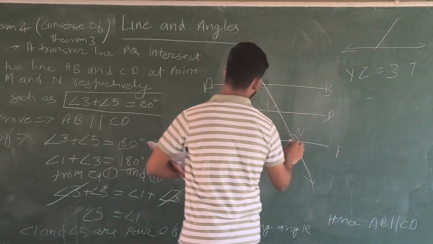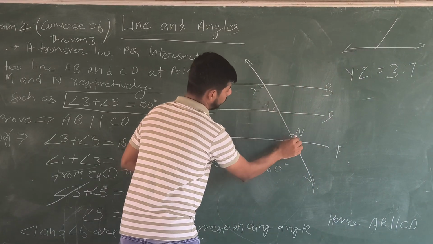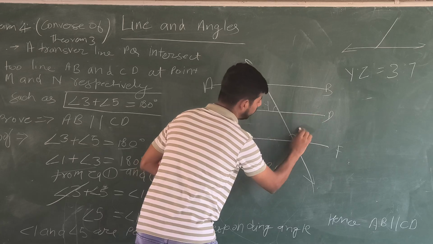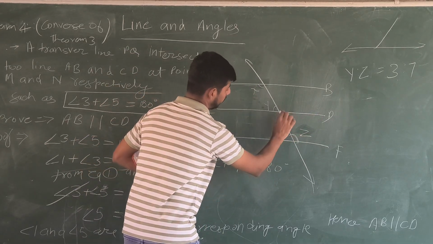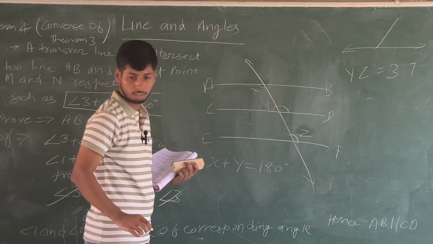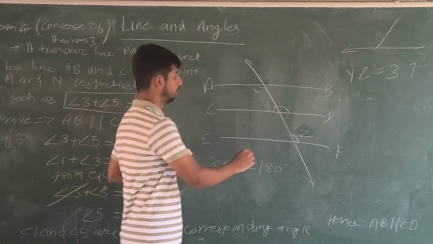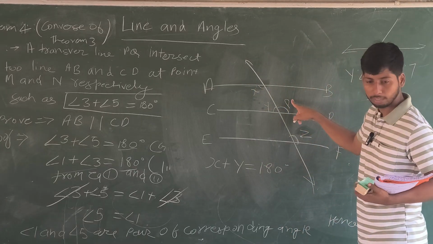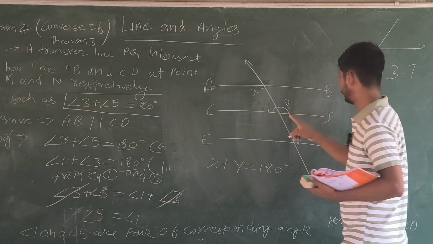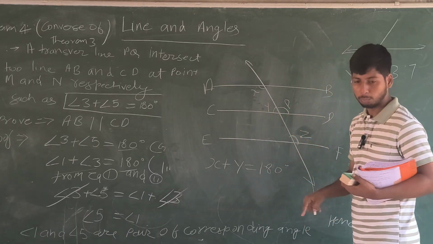So look at, this is angle z. So this is equal to this. If we say that this one is angle P, then angle z is equal to angle P. So can we write y plus P is equal to 180?